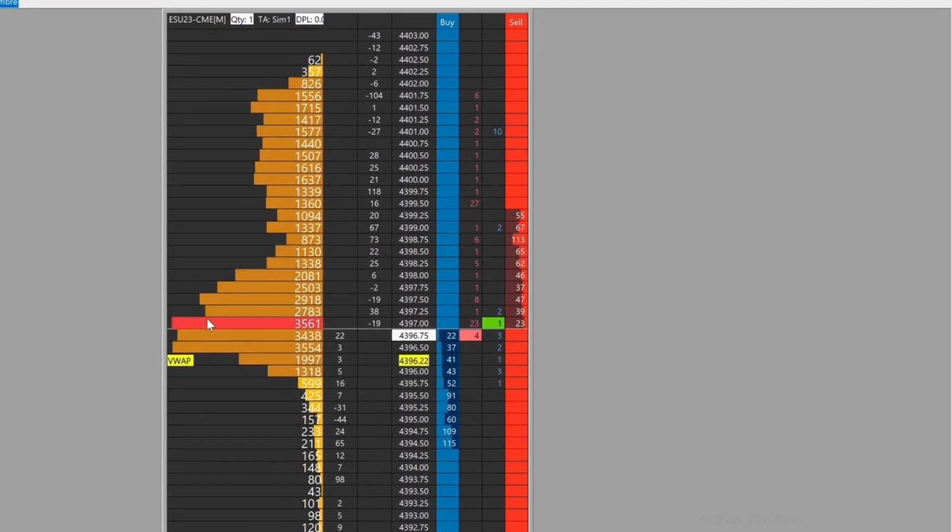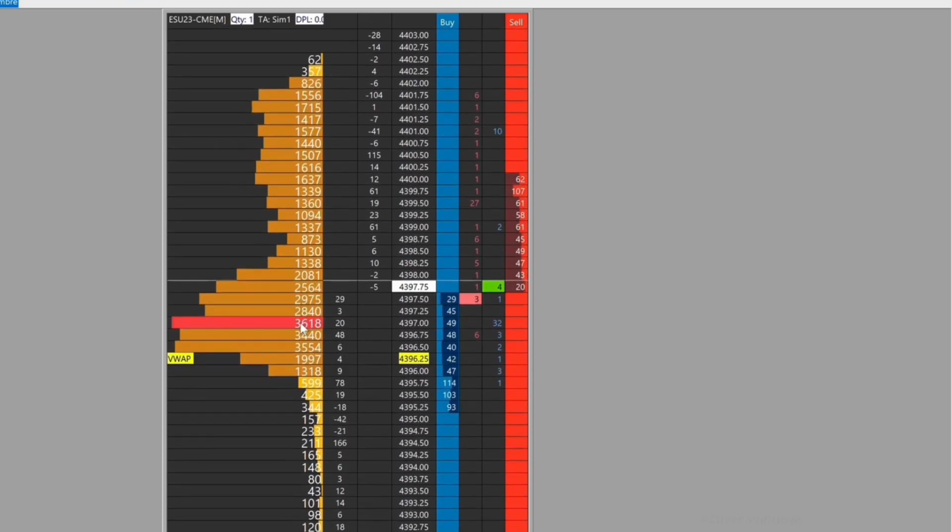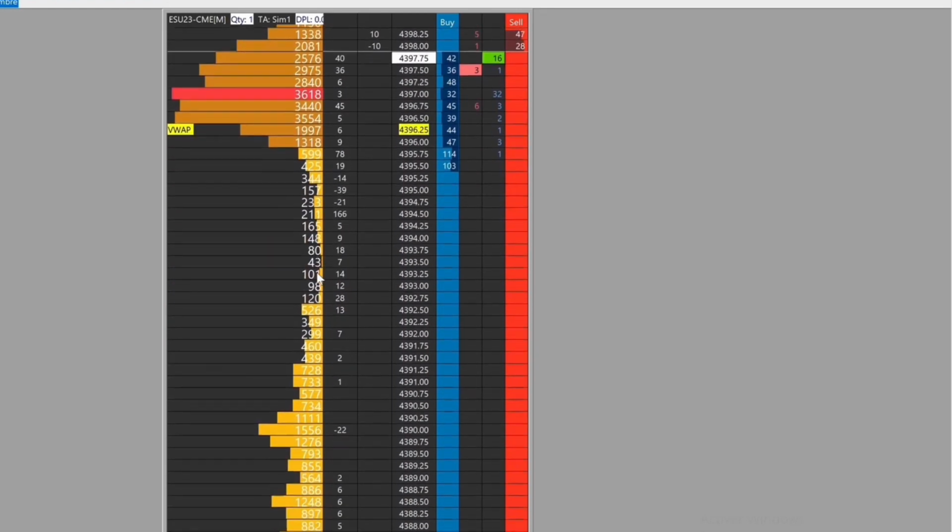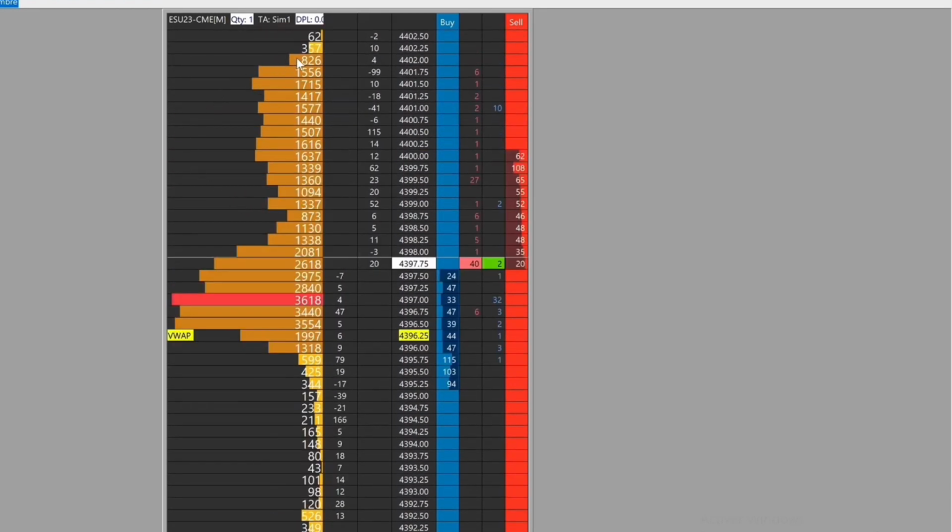The level here in orange is the POC, the point of control. It's the level where there were the most exchanges during the day, in this example 3,618 contracts. Then there is a zone that is a bit darker, between here and here, delimited by two zones.